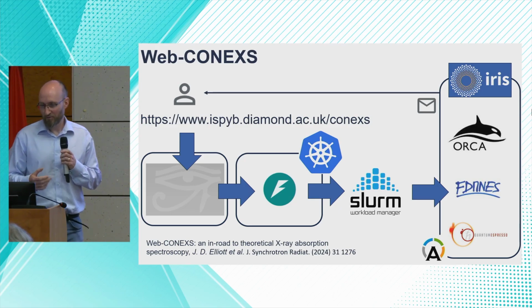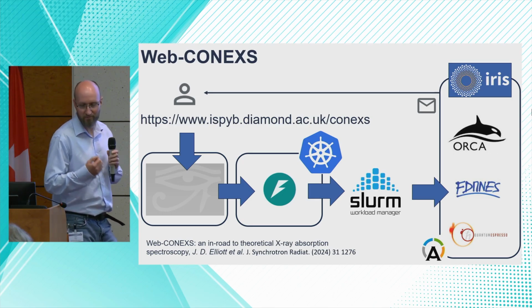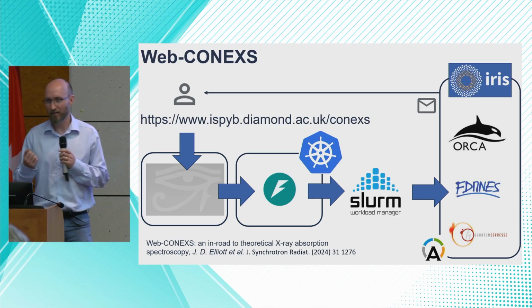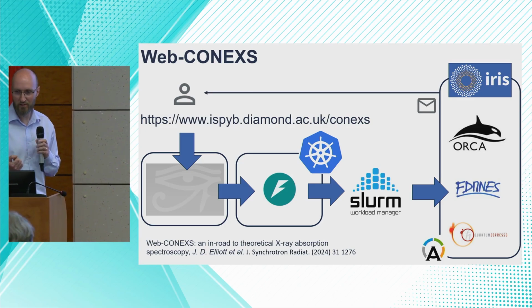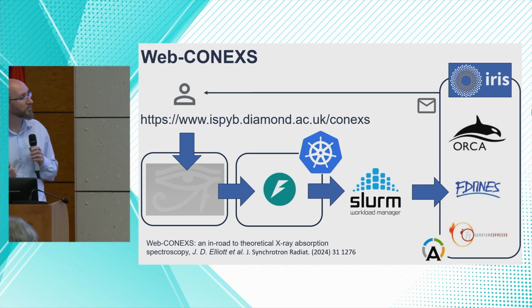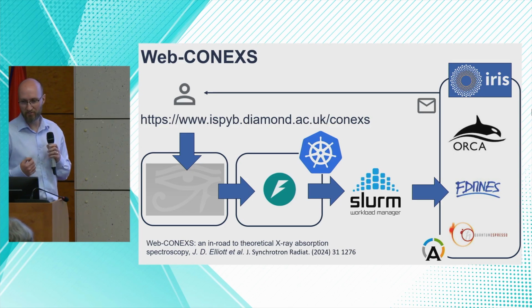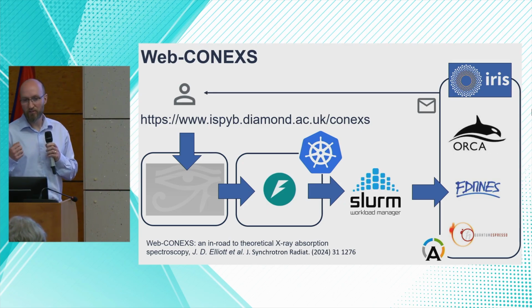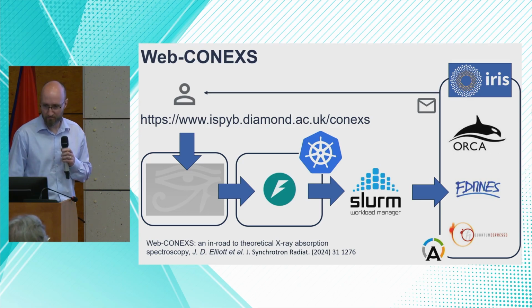On Slurm, we needed some HPC to run these simulations on, and fortunately the spectroscopy group had access to some nodes on the STFC's compute cluster, Iris, so we could deploy containerized versions of common XAS simulation packages like ORCA and FDMNES, and make quite a simple system. When the Slurm job had run, the users were emailed the results, because the results were just pretty small text files at this point.